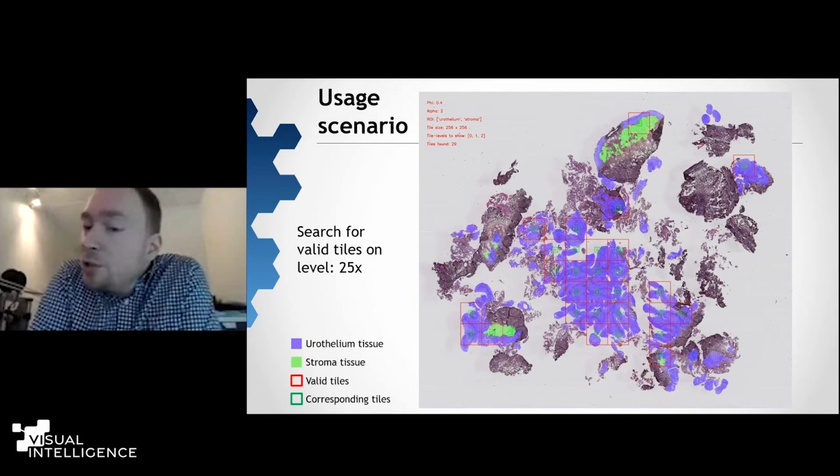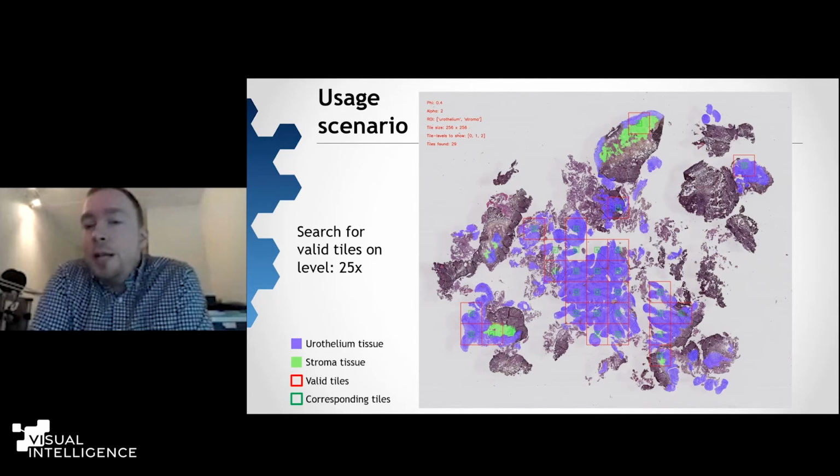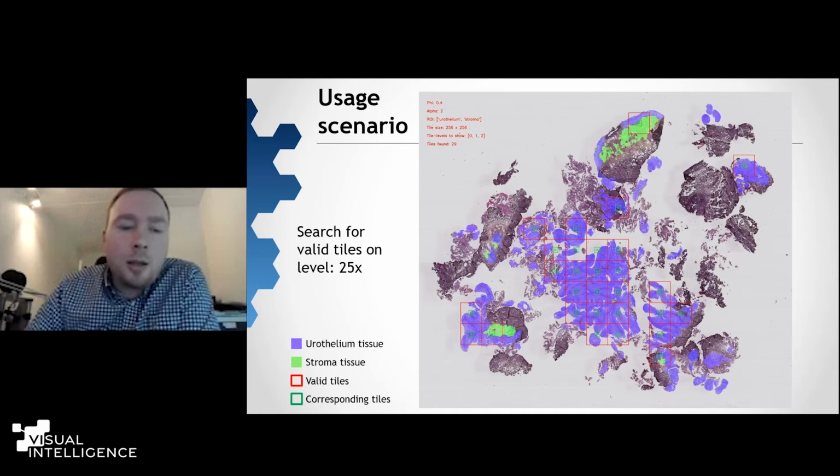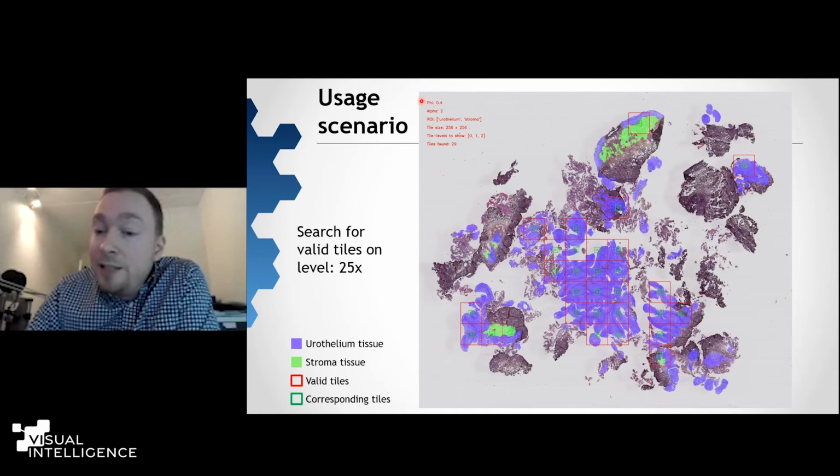So let's look at a demonstration of the method. Here we have a whole slide image, and we have superimposed a purple mask for the urothelium tissue and also a green mask for the stroma tissue. As we can see here, I have set the phi value equal to 0.4.